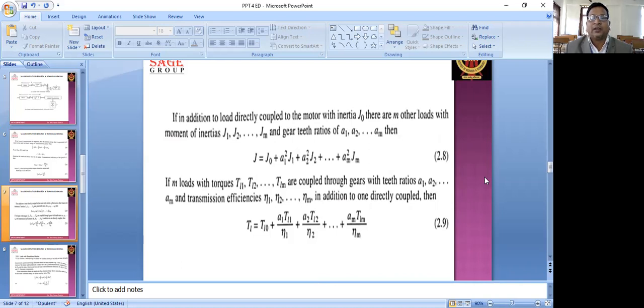And for the m loads with torques, TL is equal to TL0 plus A1 TL1 by eta 1 plus A2 TL2 by eta 2 plus up to Am TLm by eta m.